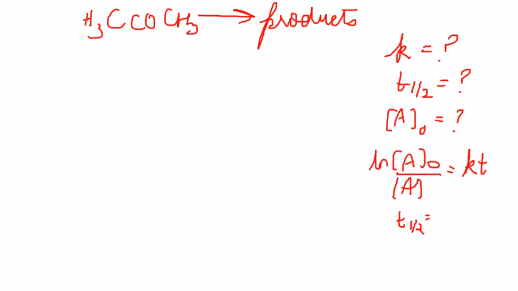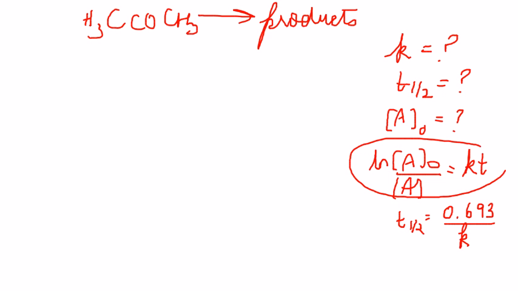From class, we know that T half can be calculated as 0.693 divided by K. So if I'm able to calculate T half, I can determine K or vice versa. And I can use this integrated rate law expression to determine A naught as well, because some data is provided to you. Let's take it one step at a time.